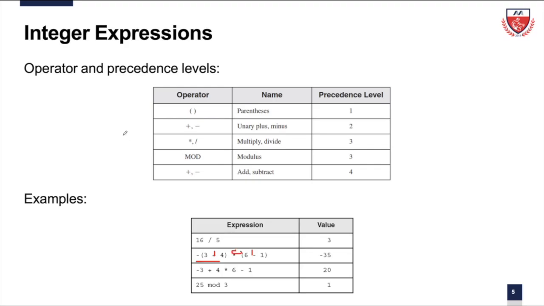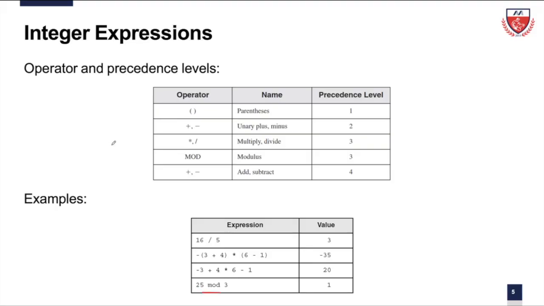So you have -35 as your value, because this is -7 times 5. In this one, multiply and divide come first before the other operators. So this is -3 plus 24, then 24 minus 3 is 21, 21 minus 1, that is positive 20.